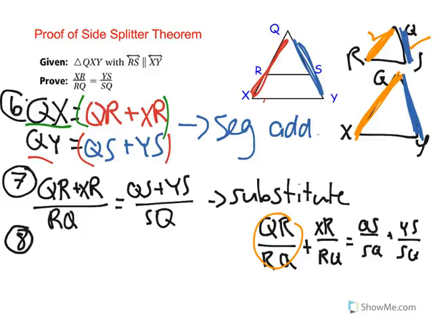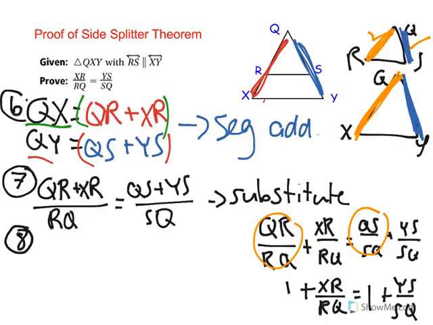This fraction is the same thing on top and bottom as is this one. So it just becomes 1 plus XR over RQ is equal to 1 plus YS over SQ.